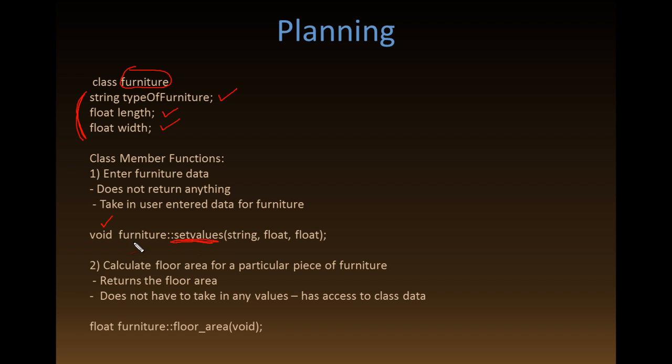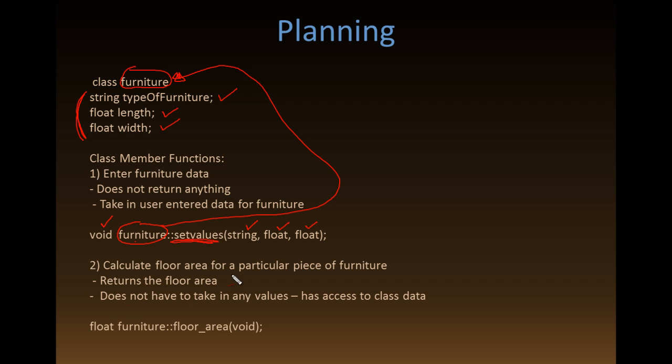Okay, when we define it, we're going to need to know that it goes with the furniture class. So this furniture here is the same as that furniture there, and that's needed for the definition. It's not needed for the declaration because we're going to declare it right inside the class, and we'll look at that when we do the program. The data that it's taking in is a string for the type. It's going to take in a float for the length and a float for the width.